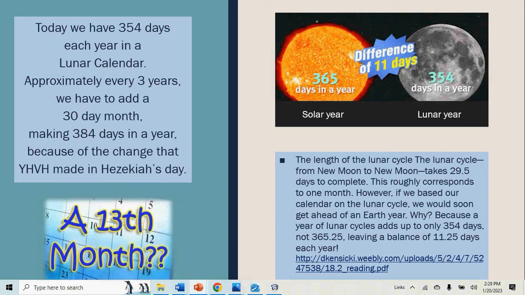This roughly corresponds to 1 month. However, if we based our calendar on the lunar cycle, we would soon get ahead of the Earth year. Why? Because a year of lunar cycles adds up to only 354 days, not 365 and a quarter, leaving a balance of 11 and a quarter days each year.